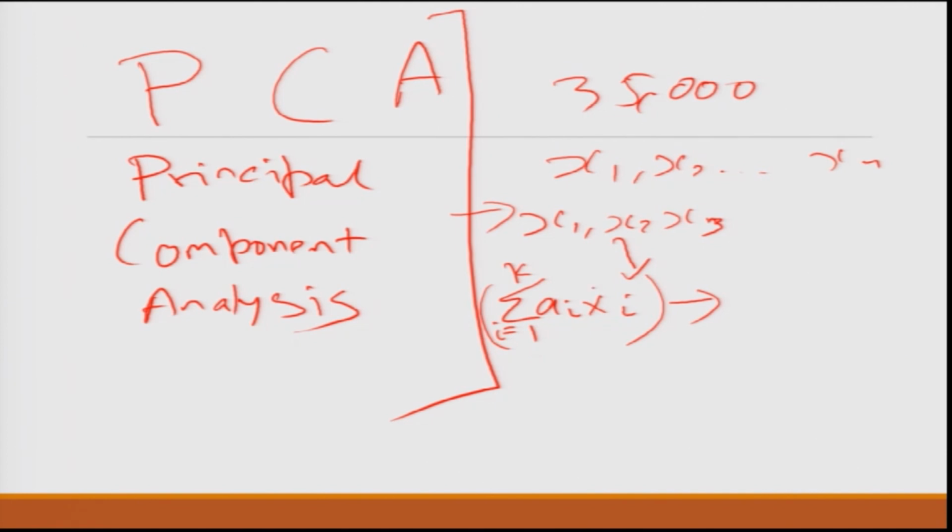That linear combination is nothing but a1 x1 plus a2 x2 plus a3 x3, for example, if there are 3 variables. So can I write this expression and then remove these 3 variables? In a way, what I am trying to do is to reduce my number of variables.